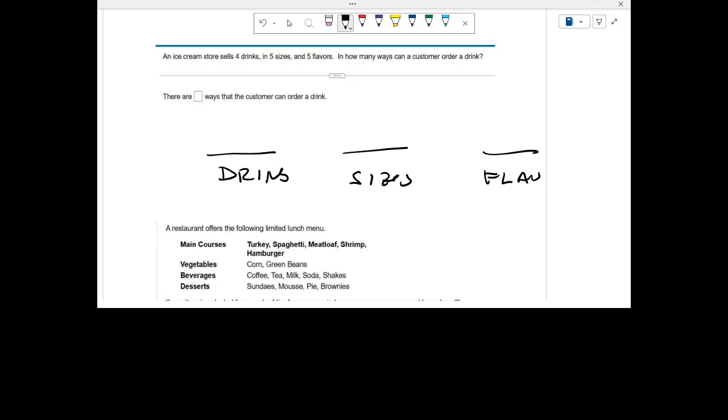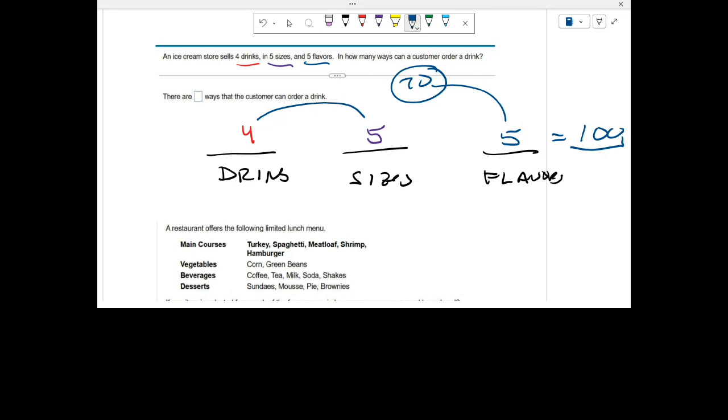And we have different flavors. Okay, so we got 4 drinks. We have 5 sizes. And we also have 5 flavors. Okay, so look, y'all, I'm going to multiply 4 times 5 is 20, and 20 times 5, boom. That should give us 100.